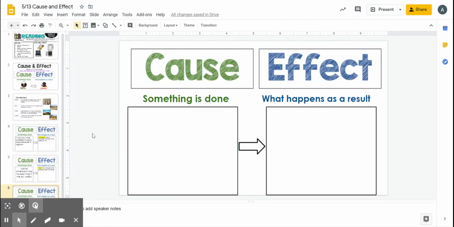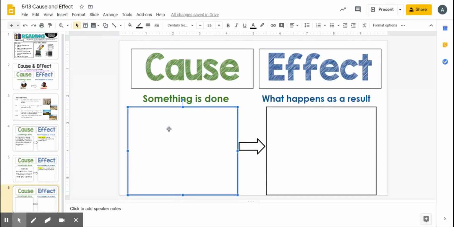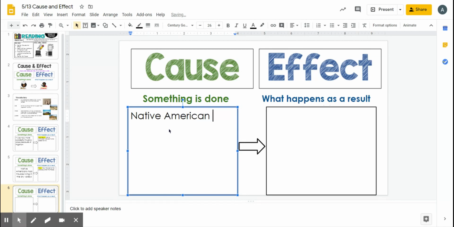Now, thinking back to that part of the read aloud, let's think, what's something that the Native Americans did? Right, the Native Americans moved up onto the greener mesas.